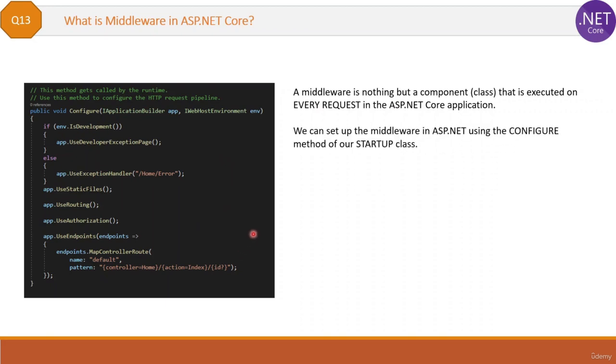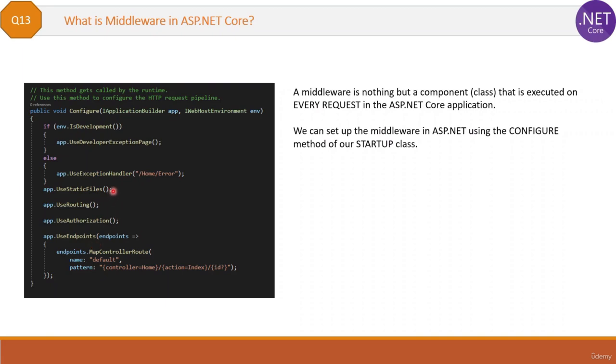We can set up the middleware in ASP.NET using the Configure method of our Startup class. Now suppose a user requests a simple HTML page from outside. The request will first check IsDevelopment, then UseStaticFiles, and then a short circuit will happen, and the rest of the middlewares like UseAuthorization and UseEndpoints will not be executed.